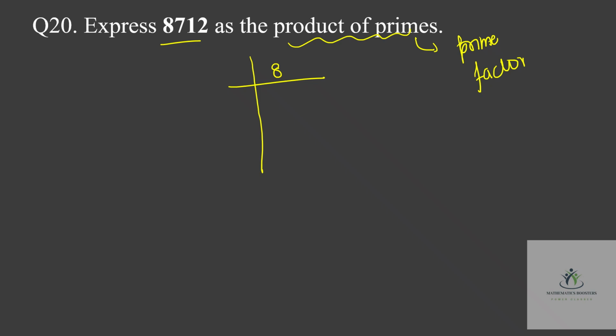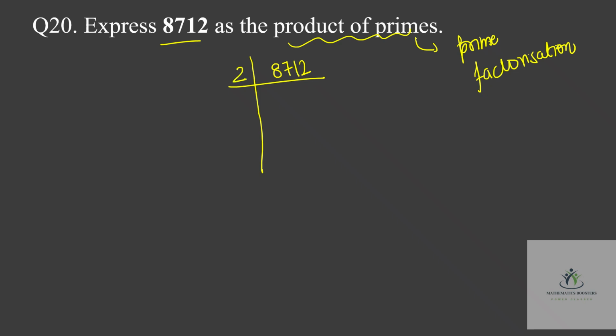Next, express 8712 as a product of primes. So this is your prime factorization. Product of primes is prime factorization. Write the number. Since it is an even number, you'll start with 2.